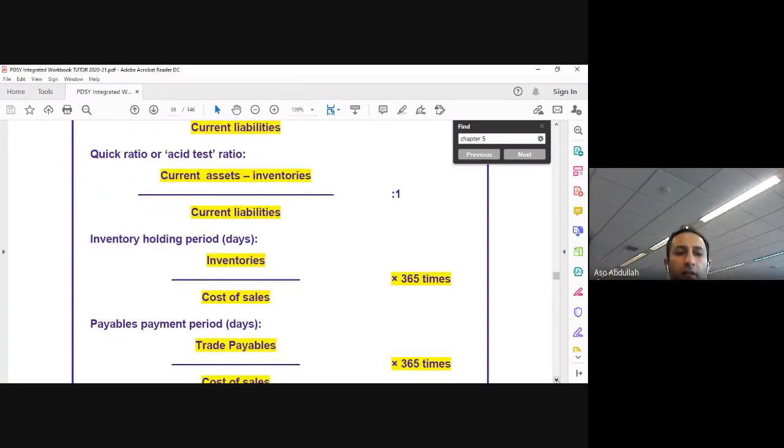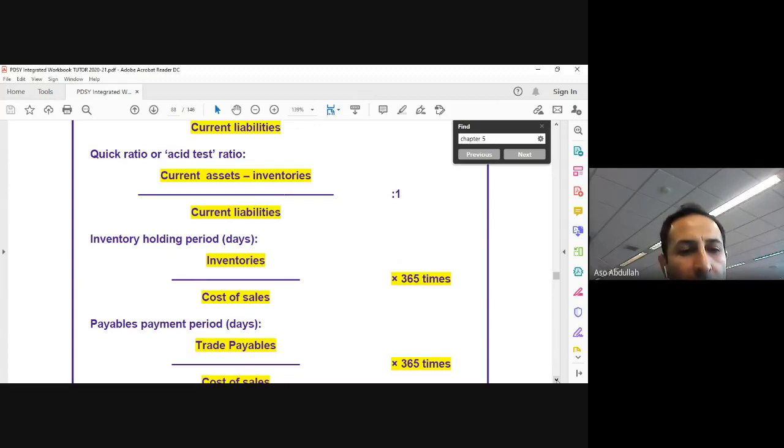Now this one is really important: inventory holding period. I assume there is a 90% possibility you will have a question relating to inventory. Why inventory?